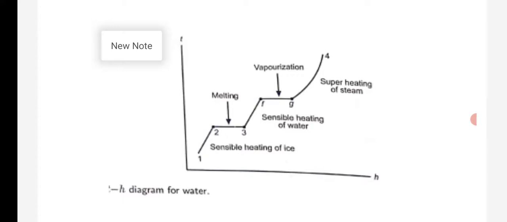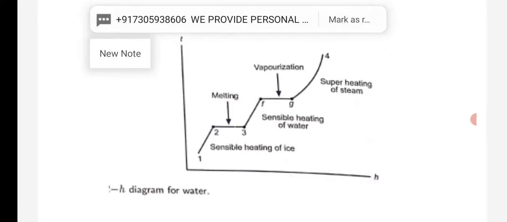Now at F, it is saturated water, meaning if I add any amount of heat further to this water in saturated condition, there is a change in phase. So you can see from F to G, vaporization is taking place, and there is a phase change from liquid to vapor.